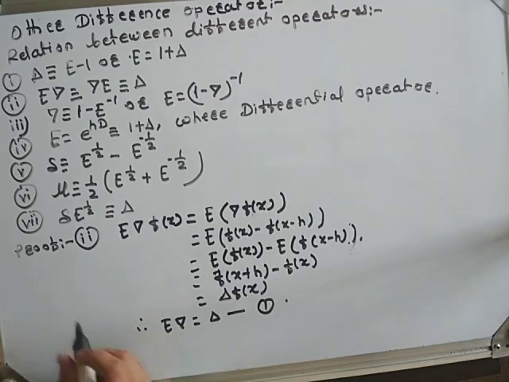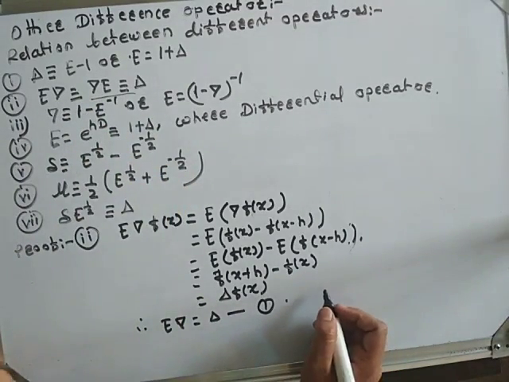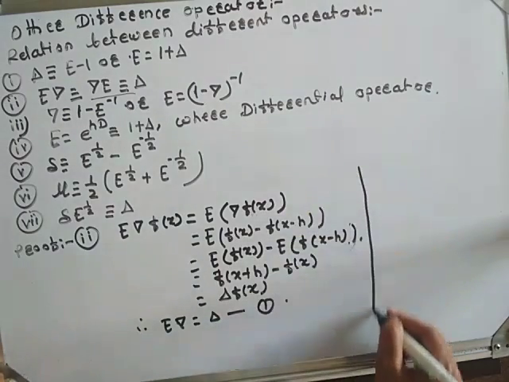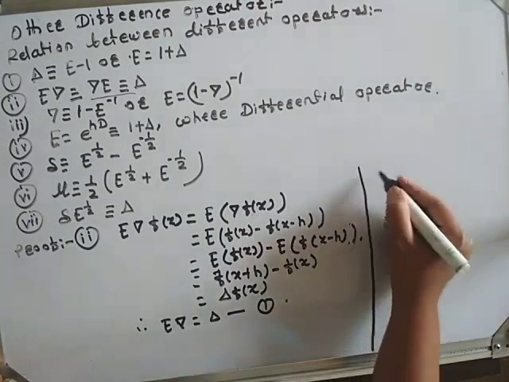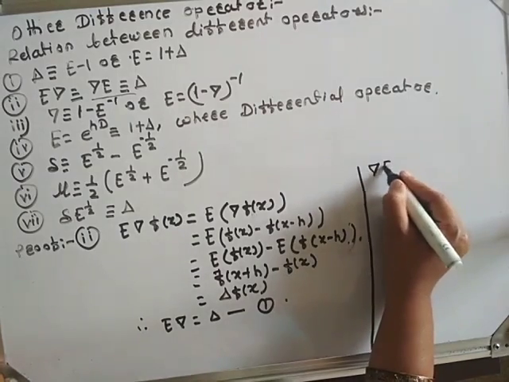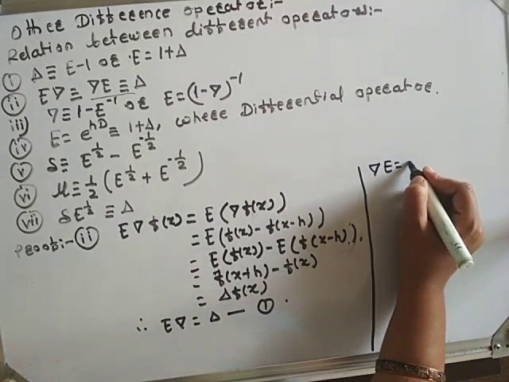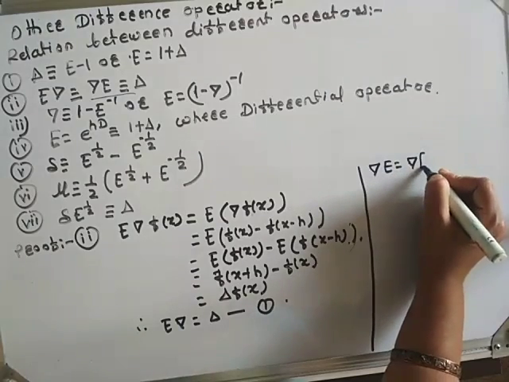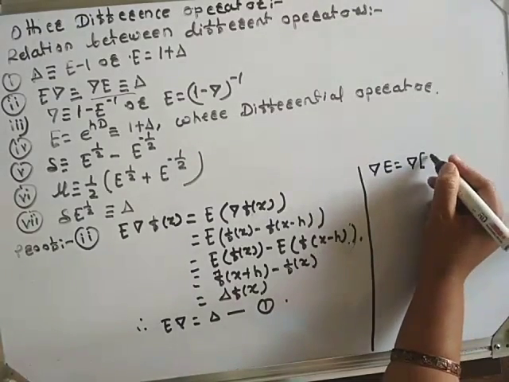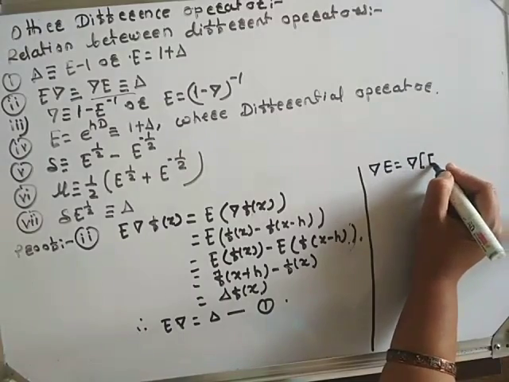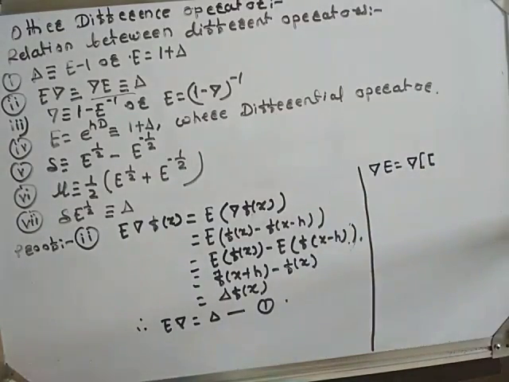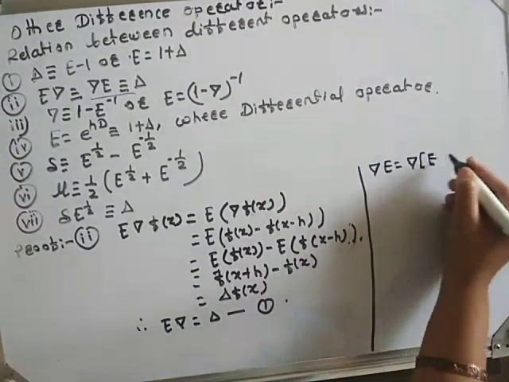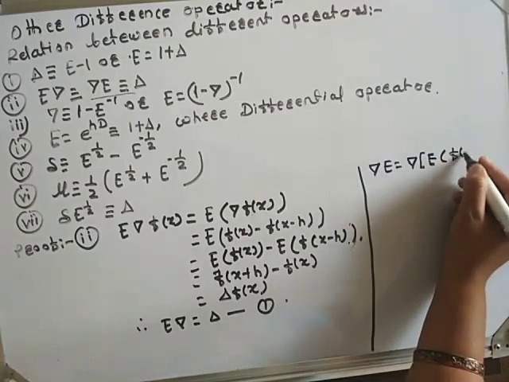Now we have to prove that del E is equivalent to delta. Del of E is equal to del of E of f of x.